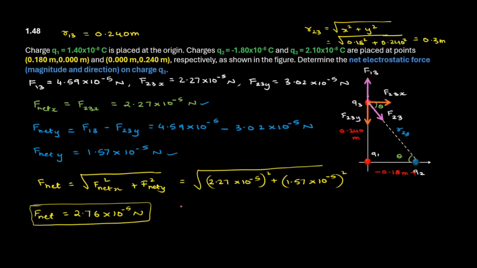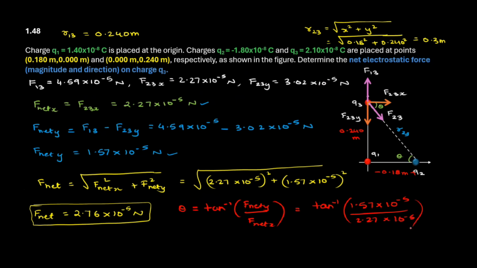After we find the magnitude, we can find the direction of this force using theta equals tan inverse F net y over F net x. So let's substitute tan inverse of 1.57 times 10 to the power negative 5 over 2.27 times 10 to the power negative 5.